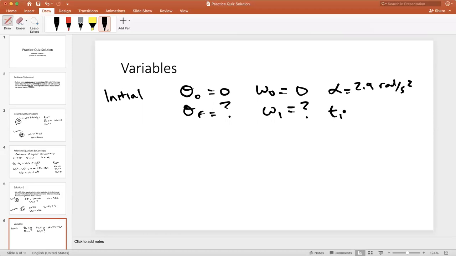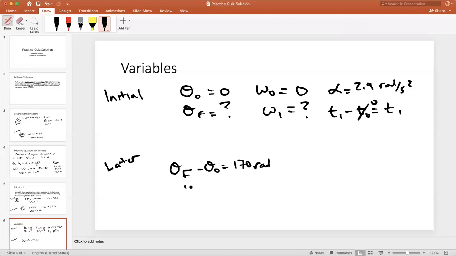And the time interval from t1, since this is 0, I'm just going to call t1. Okay? Now, during the later time when I'm measuring this change, I know that this was 170 rad. I don't know what the initial angular velocity is, but I know that it was omega 1.